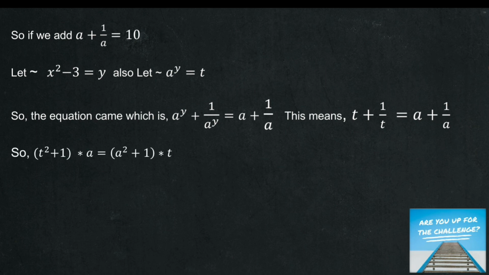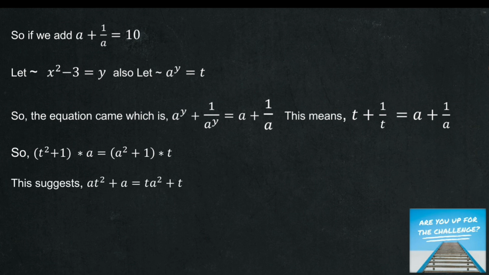So if we simplify it, t square plus 1 divided by 2t on the left hand side; if you can see then well and good, if not then listen to me. The divide by 2t I took over to the right hand side. Similarly on the right hand side a square plus 1 divided by a was there, and a was taken to the left hand side in cross multiplication actually.